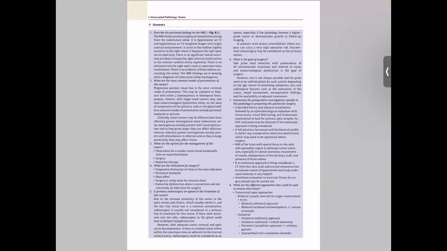Because part of the approaches to this tumor is an endoscopic approach, it's important to have the ENT evaluate this patient to rule out any sinusitis, especially in the sphenoid air sinuses, or any masses in the sinuses.